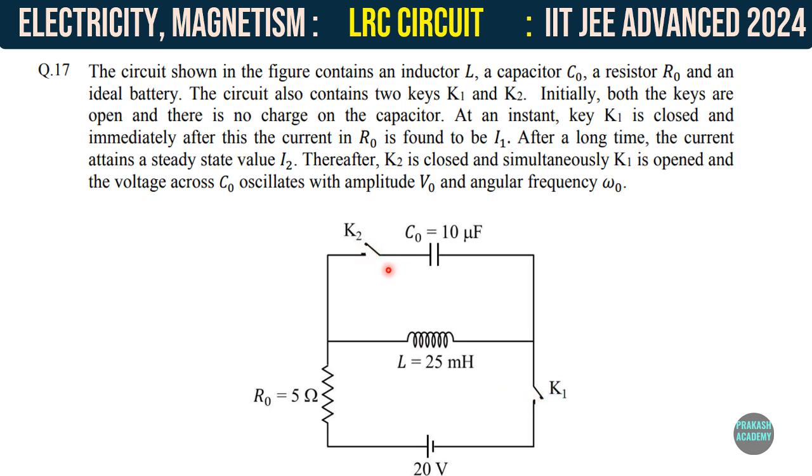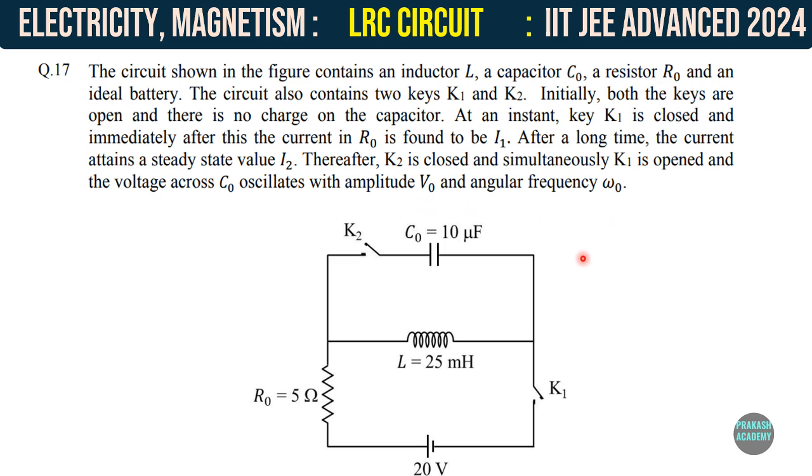So, now this circuit is complete. Once you do that, the voltage across C0 oscillates with amplitude V0 and angular frequency omega naught. So, the voltage across this capacitor oscillates, the amplitude of oscillation is V0 and the angular frequency is omega naught.